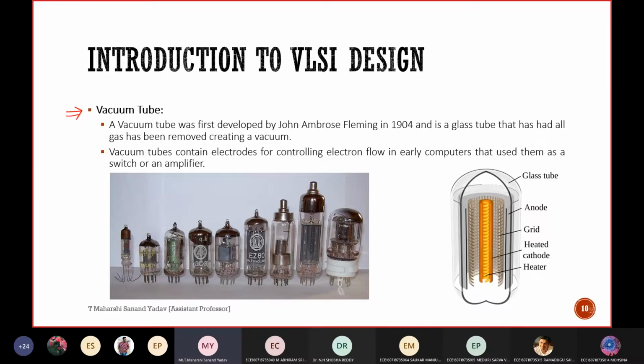What is the purpose of this? Works as a transistor, sir. Okay. So initially, these vacuum tubes were used for rectification as well as for amplification.